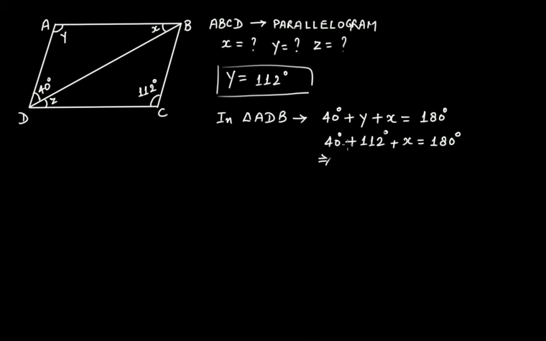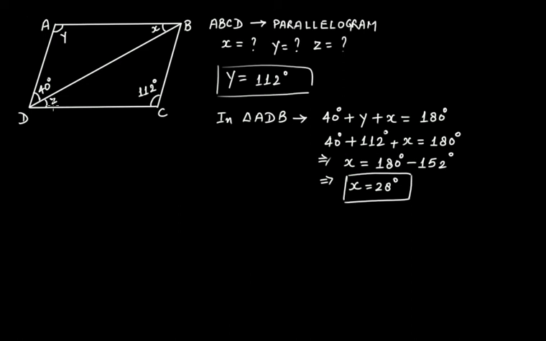From here you get 112 plus 40 is 152 degrees. So X is equal to 180 degrees minus 152 degrees. From here you get X is equal to 28 degrees. So X comes as 28 degrees, Y you have 112 degrees.